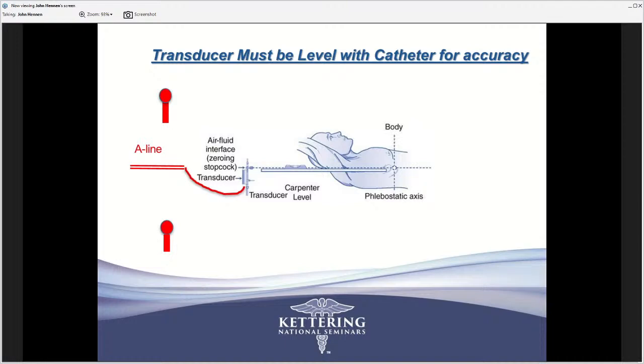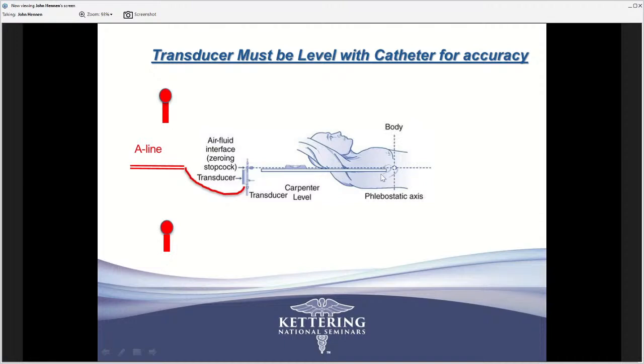I just do this for me because I'm a visual person and it makes it a lot easier for me to understand what's going on here. Okay, so what we've got here is a patient that's lying flat. Here's the transducer for monitoring their blood pressure. And again, they've got the level there. They want to make sure that this transducer is level with the heart. So that's what we're talking about here.